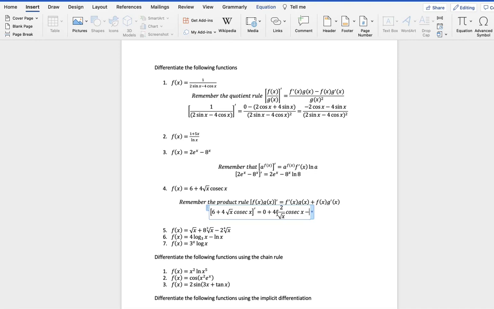Times cot x cosec x. So square root of x times cosec x. Hold on, I don't know about that 4 you put there at the very front. I just took it out of the bracket. So there's a bracket, cot as well.